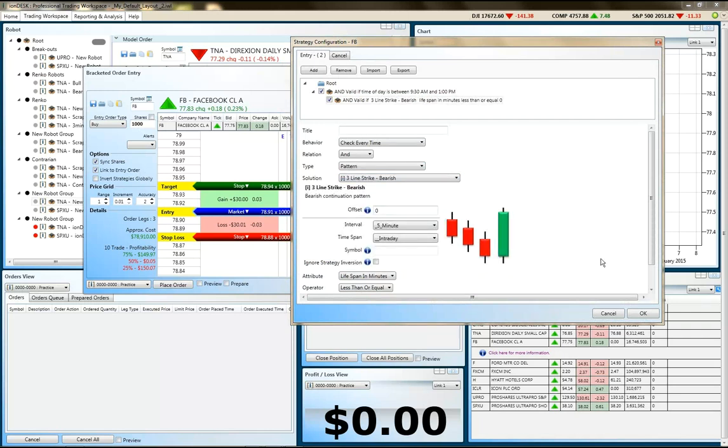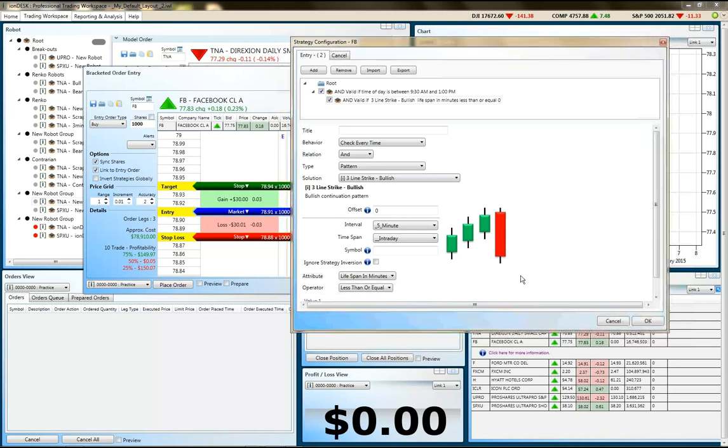That's good enough. Let's look at the bullish one. We can look at this as a possible continuation of that strategy. And then we would come in and set our interval that we want to observe.